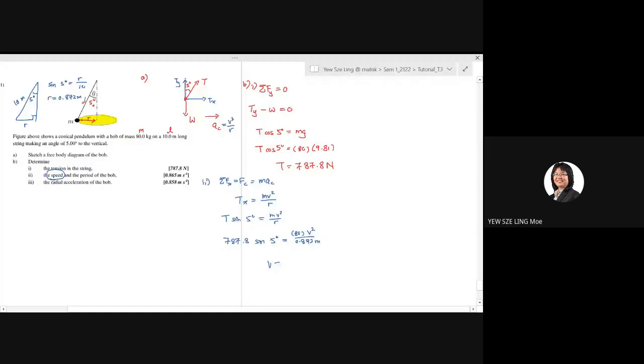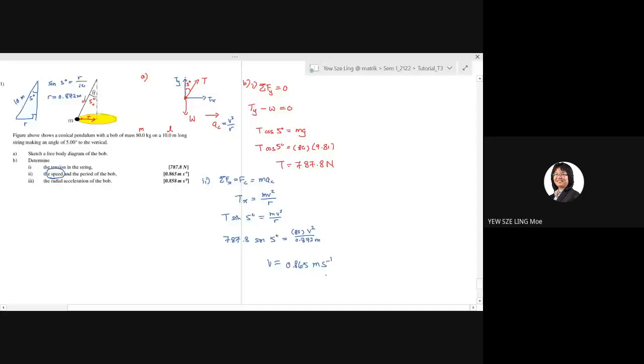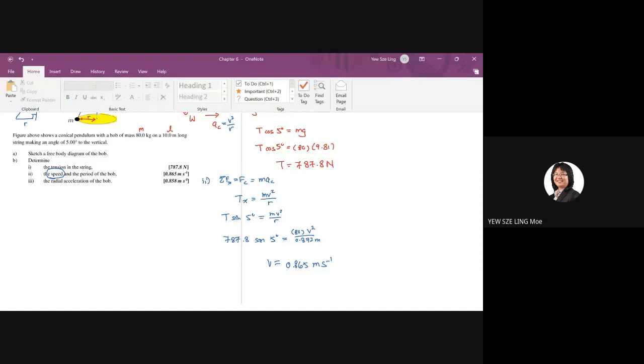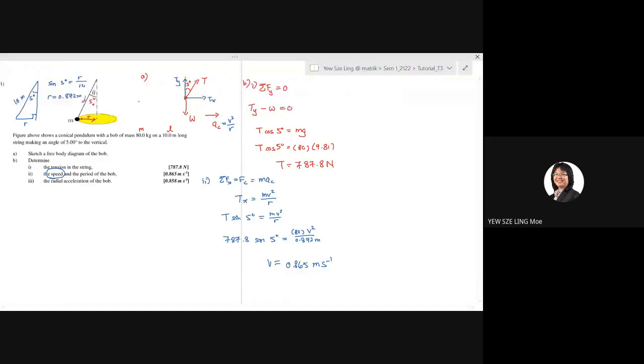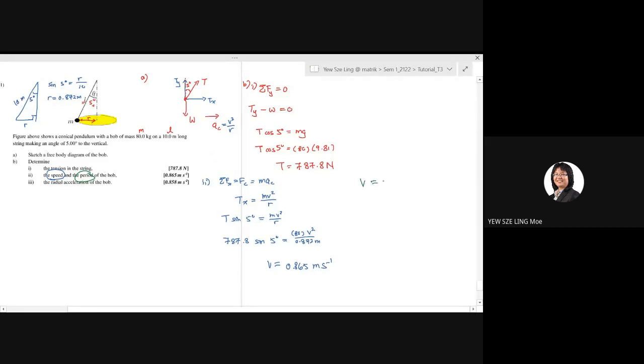So when you rearrange the equation, you will obtain v equals 0.865 m/s. Then the question wants you to calculate the period. Aha, so we have a familiar term again, period. How to link period with velocity? Again, v equals R omega equals R 2 pi over period.